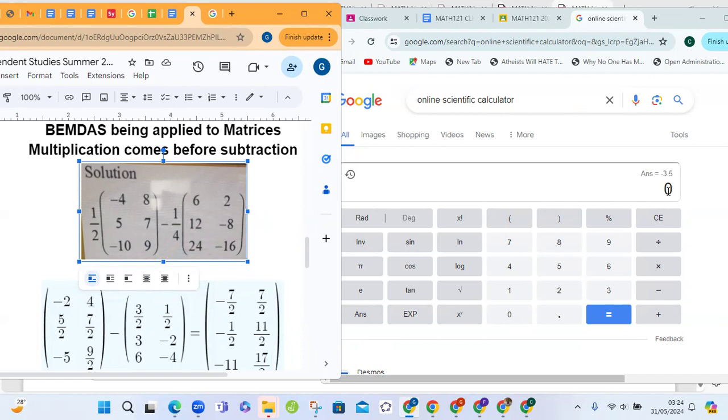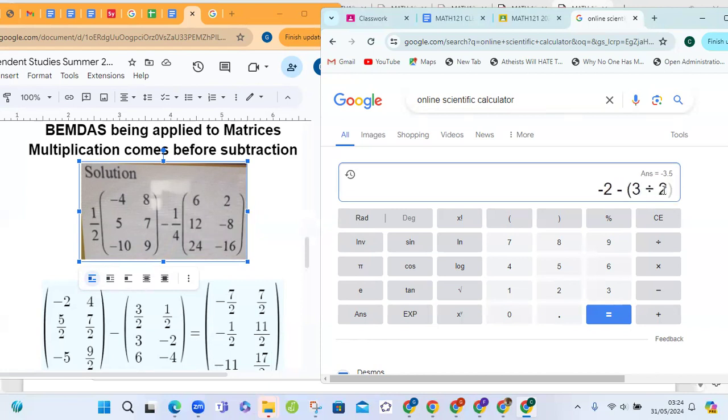You can easily do that in your calculator. -2 subtract, and in a bracket you put 3/2, close bracket. The answer is -3.5 or -7/2. You can put your answer in decimals. You don't have to put your answer in fractions. If the calculator gives you decimals, you can put decimals. -3.5 is the same as -7/2.